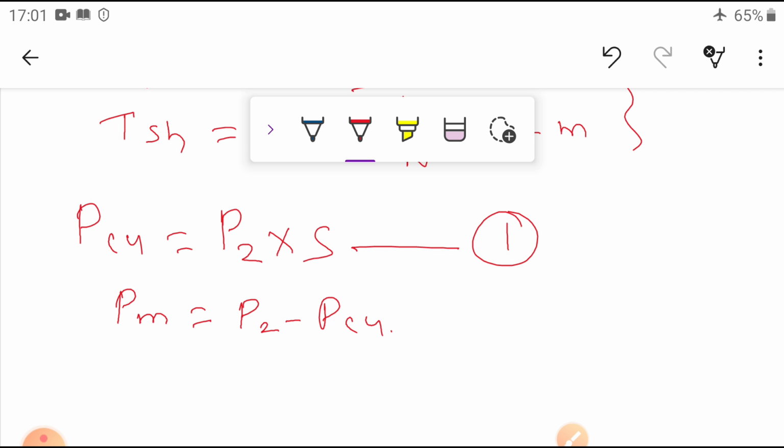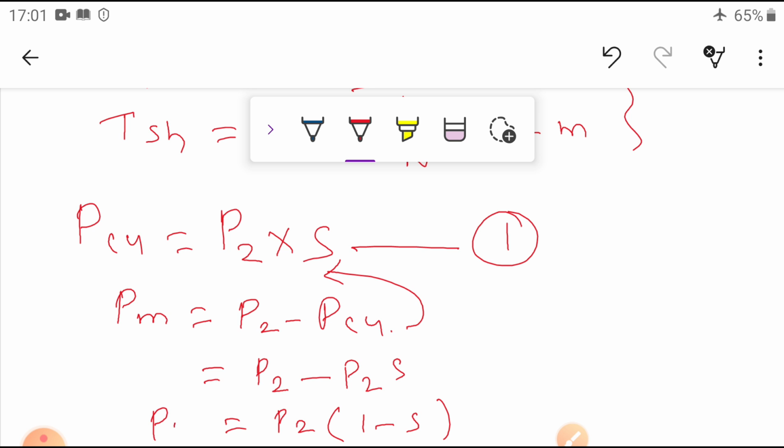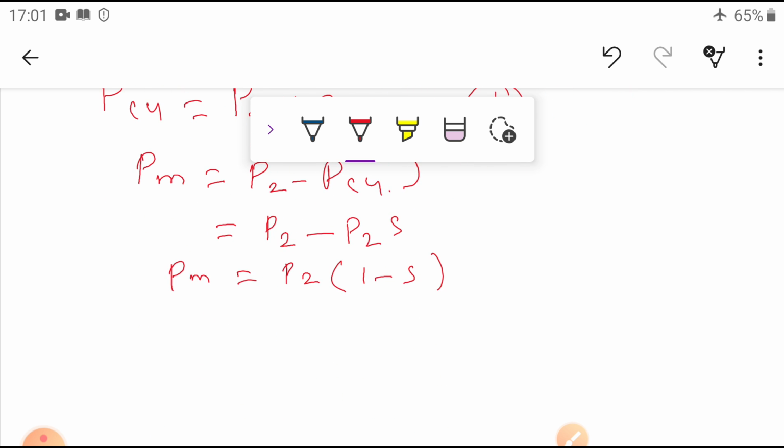So I can write P2, then the copper loss in terms of this value, P2 into S. Taking P2 as common, I get P2 into 1 minus S, which is equal to Pm. That means this is the rotor input and this is the rotor output.